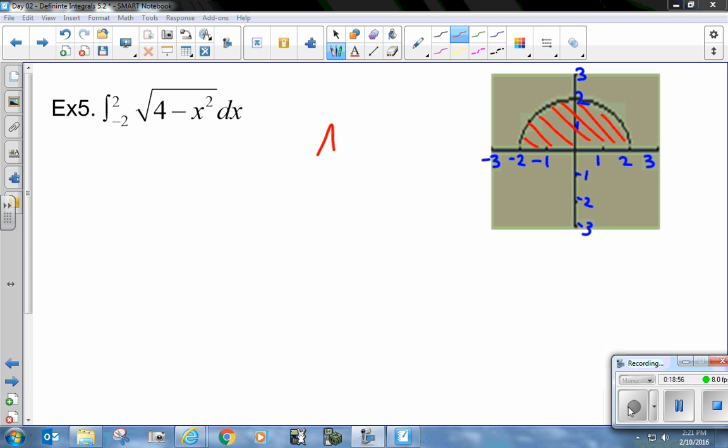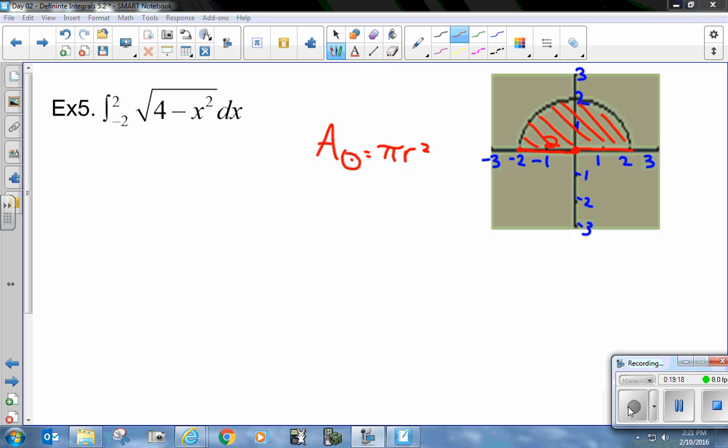well, the area of a circle is pi r squared. What's my radius here? Well, it's 2. Measurement is never negative. Yes, this goes from 0 to negative 2, but that's a distance of 2. I traveled 2 to the left there.